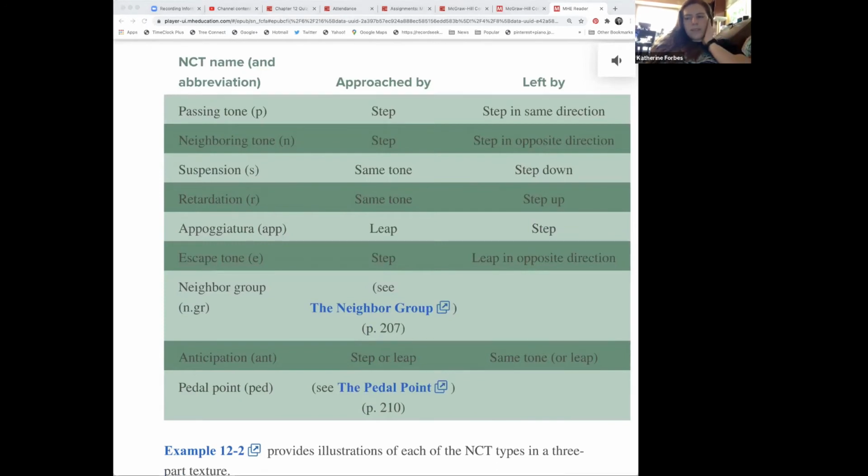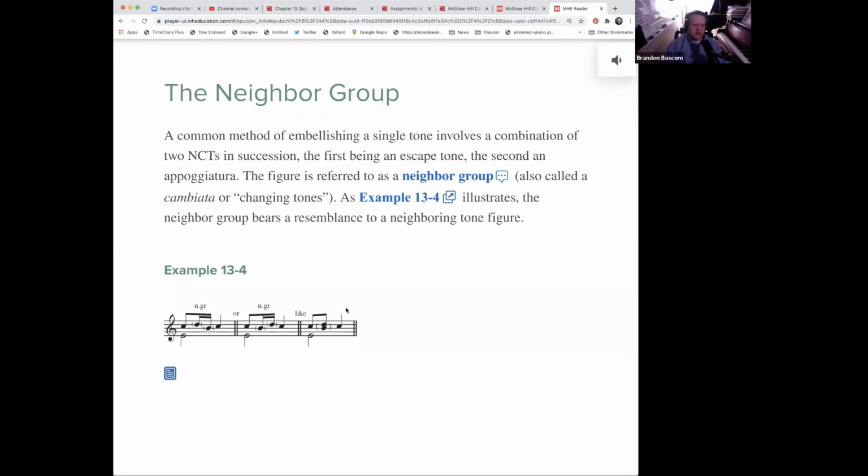Neighbor group, was it escape tone first, then the appoggiatura? Or the appoggiatura first and then escape tone? Let's look. Escape tone, then the appoggiatura. What's the escape tone?